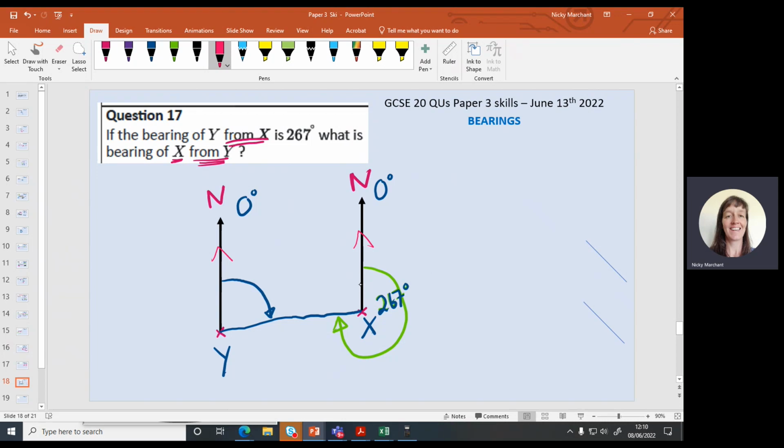We should know that angles around a point, so this green angle and this little pink angle here, those two will equal 360 degrees.